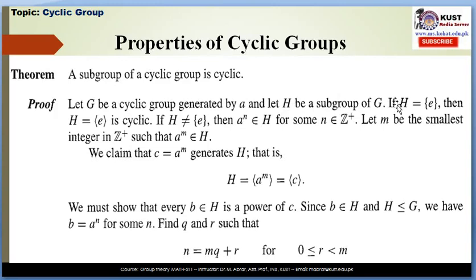There are two cases. One is if this H is the trivial subgroup, consisting of only the neutral element, then it's quite simple. In case H is different from the trivial subgroup, then because H is a subgroup, some powers of A will go to H, because it's a set of positive integers, for example.